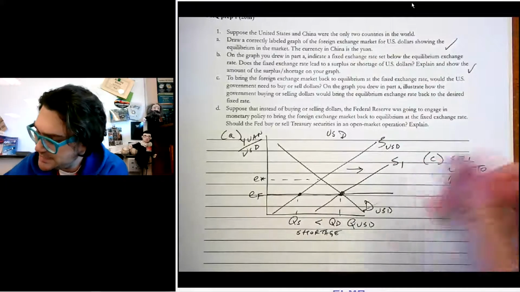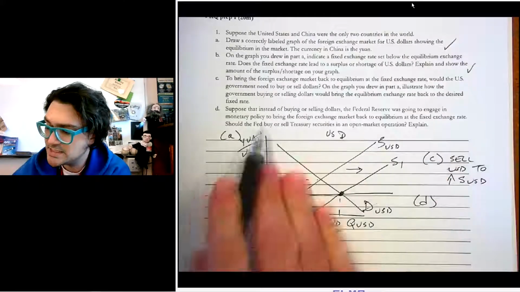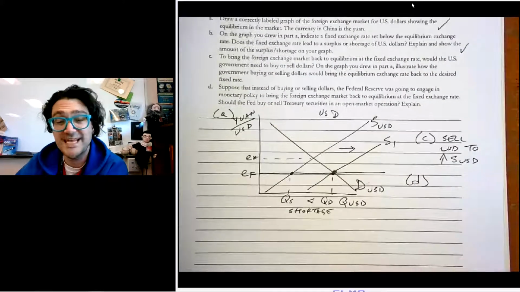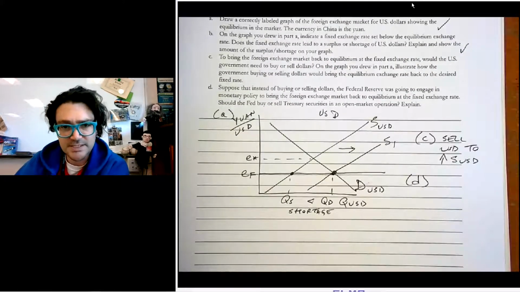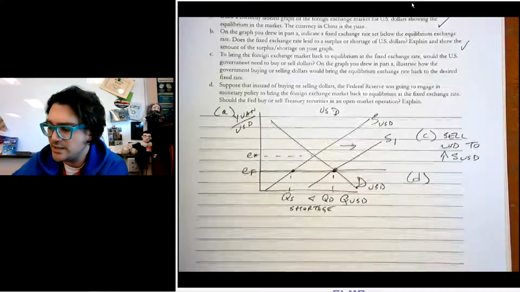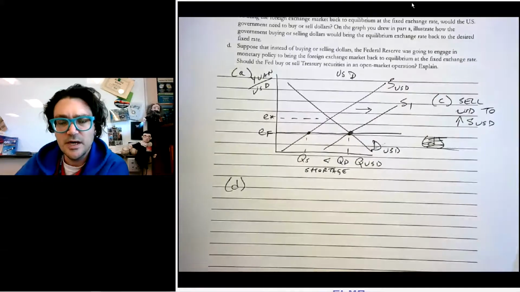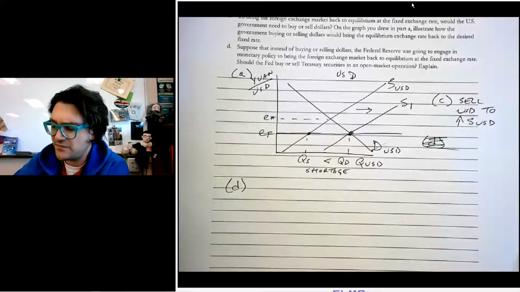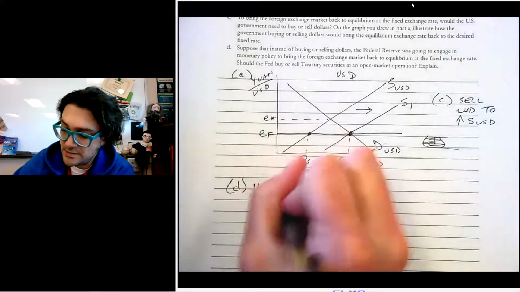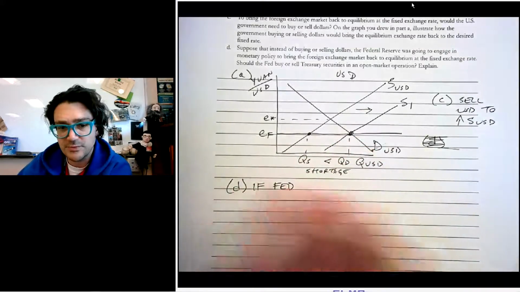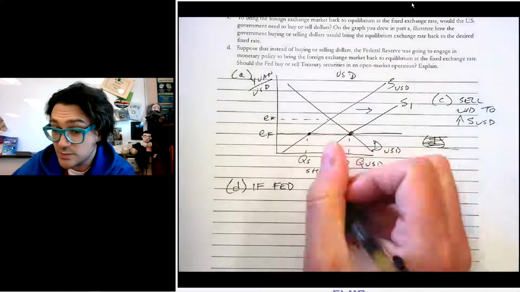And then part D says, suppose that instead of buying or selling dollars, the Fed was going to engage in monetary policy to bring it back to this rate. Should the Fed buy or sell treasury bonds in an open market operation? Explain. And it's probably easier if we do part D down here, then we can just work through it. Let's work through both of these scenarios, and then we'll see which one is right.